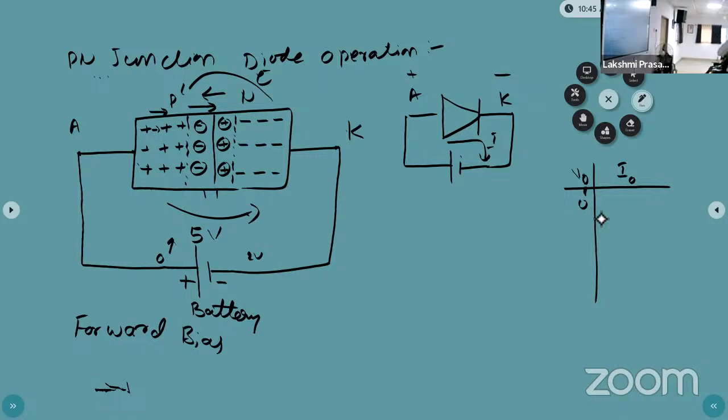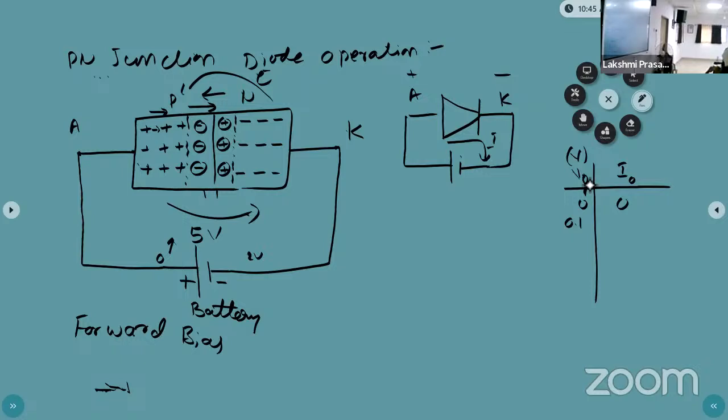Okay. So if you are applying 0 volts to the PN junction diode, what is the electron movement from N type to P type? No electrons move. That is 0. Now we can increase the input voltage, in terms of volts, to 0.1 volt.